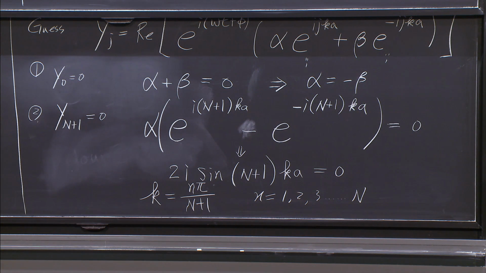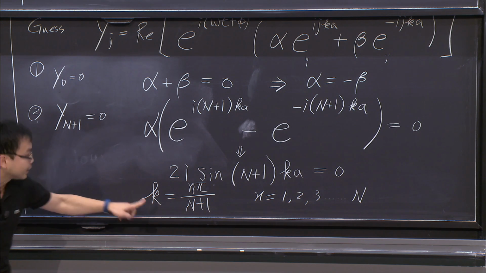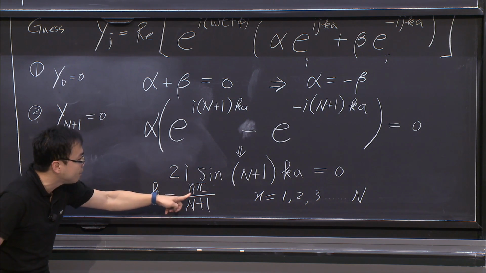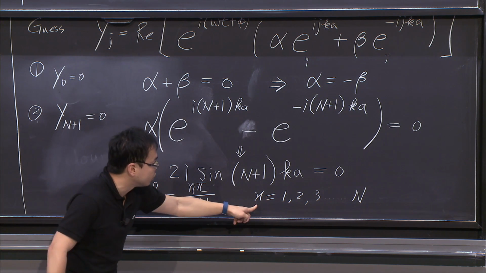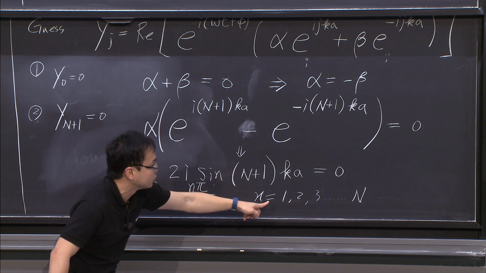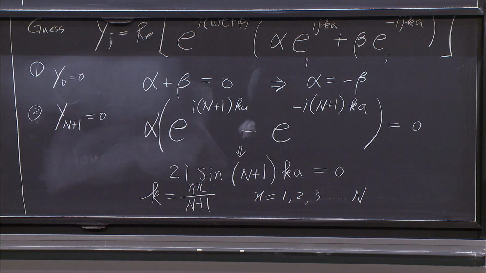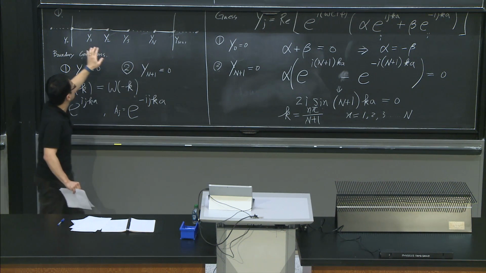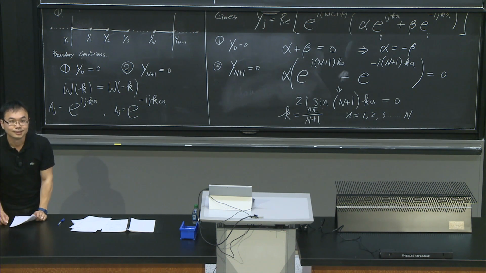The second thing which we get here is that now the k values are not arbitrary anymore. The k value is equal to n pi over N+1, and the small n is equal to 1, 2, 3 until N. So now, once you fix both ends, you have only how many normal modes?